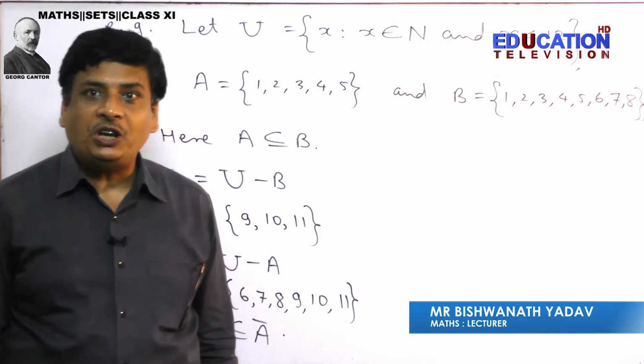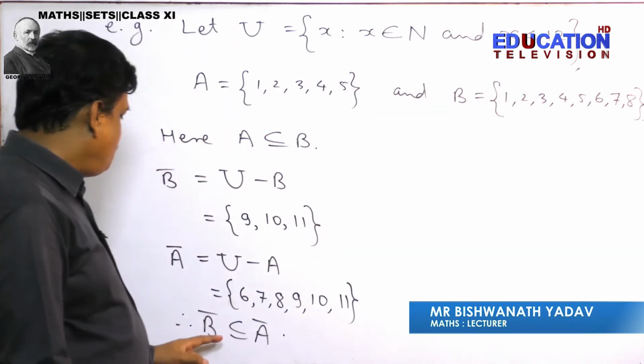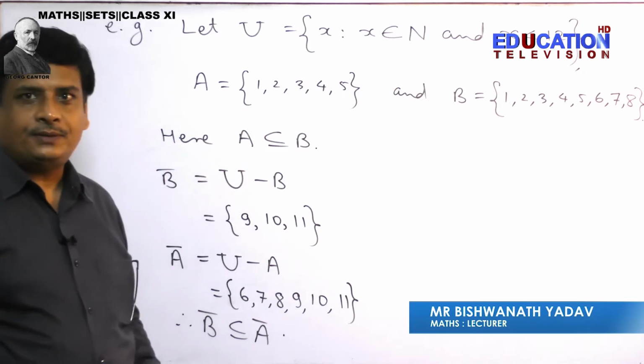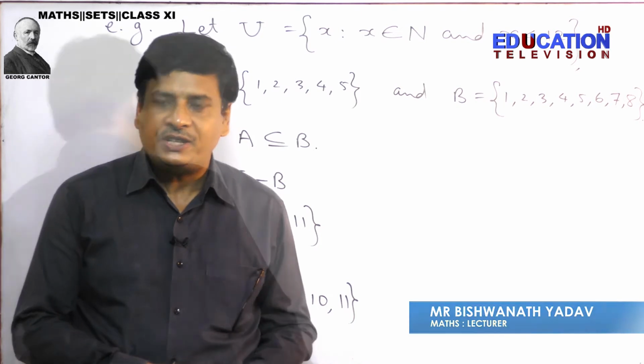All the elements of B complement are in A complement. So this relation is verified. First proof, second Venn diagram, third verification.